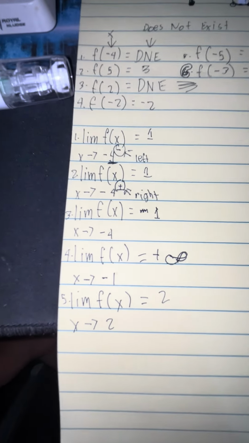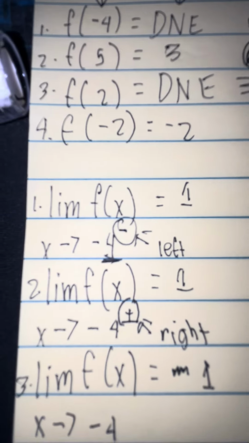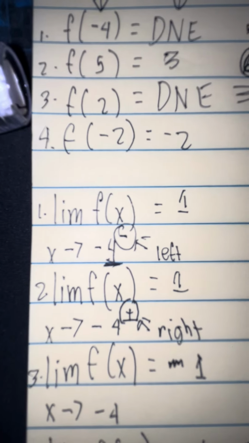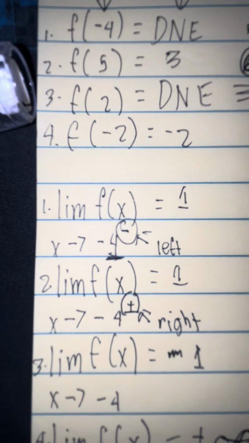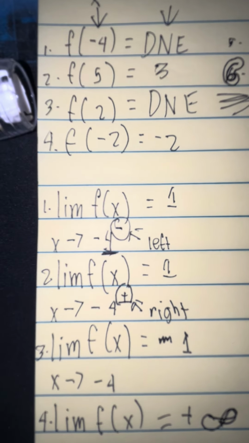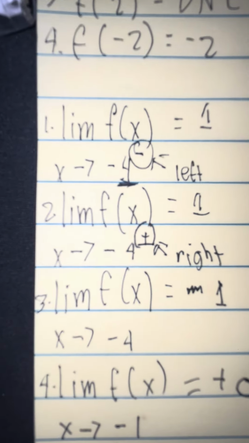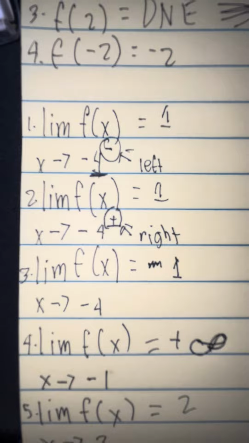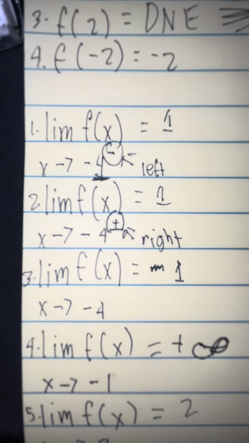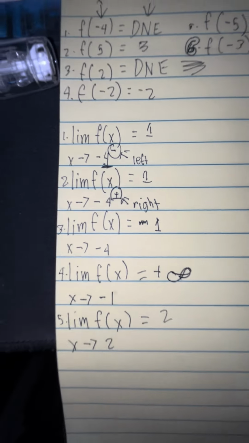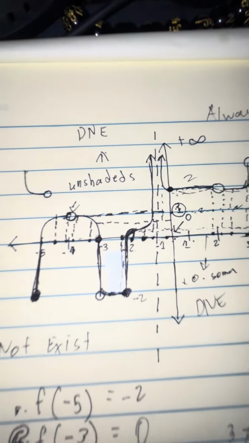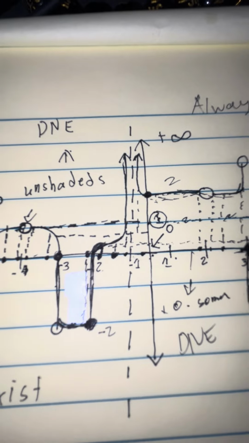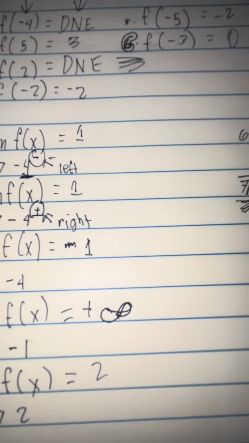Now for limits, if it has the negative symbol on top, that means it's asking for its left hand limit. If it's positive, it's the right hand limit, going from the left and going from the right respectively. Now these arrows signify infinity, and if they are similar, your answer is infinity.